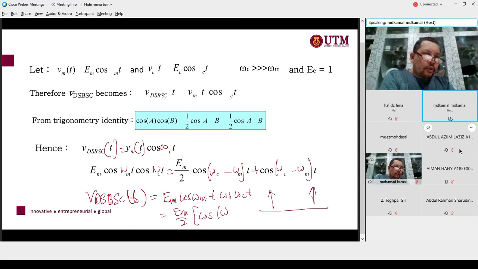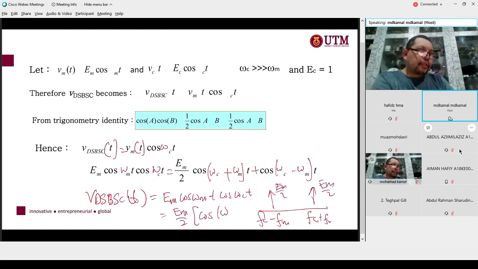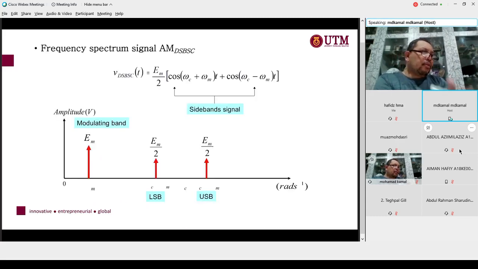One is at f_c plus f_m and the other is at f_c minus f_m, with an amplitude of E_m over 2. So this is the frequency spectrum of the AM signal.